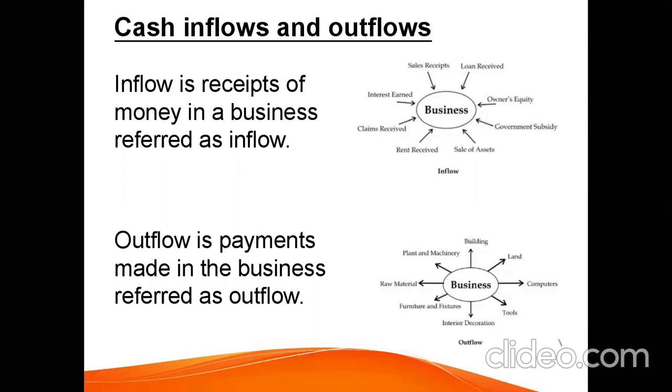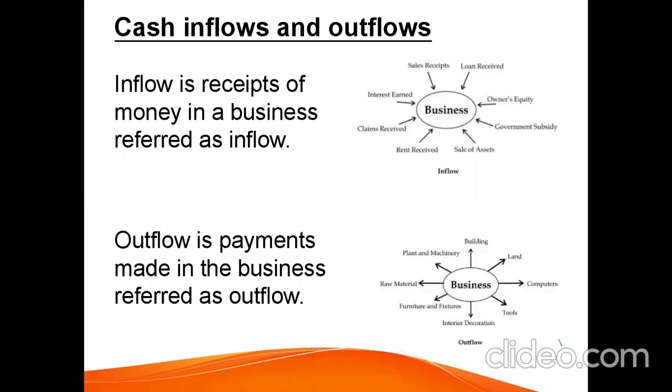Cash outflow is a payment made by the business. That means these are the ways or means which will make money flow out of the firm. Purchases of assets are the primary and important outflows of the business.